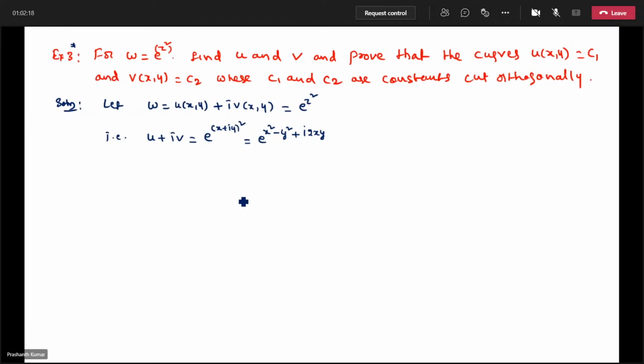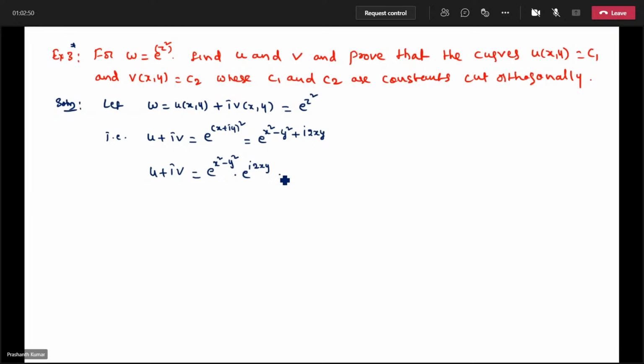So therefore, u plus iv is equal to e to the power of x square minus y square into e to the power of i into 2xy. But what is e to the power of i theta? e to the power of i theta is equal to cos theta plus i sin theta.